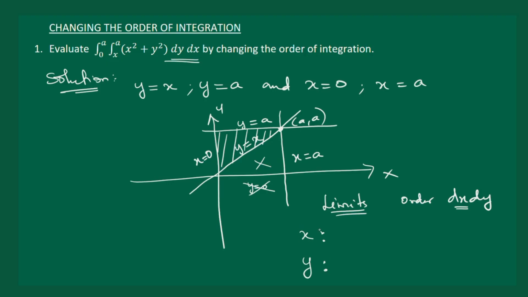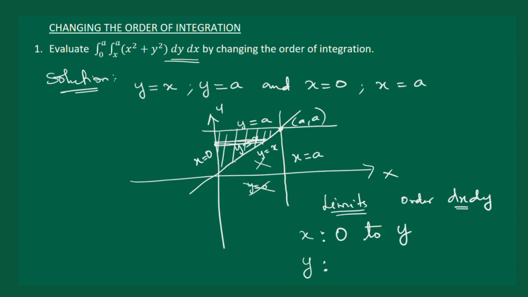As I told you, for the x limit we have to draw a horizontal strip that is parallel to the x axis. If you draw like this, the left end of the strip touches the line x equals 0, and the right end touches the line y equals x, or otherwise x equals y. So the upper limit will be y. Clear?